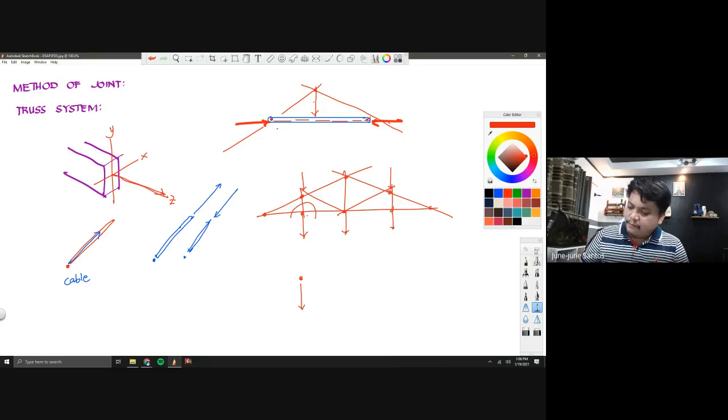Meron ako ditong load. Yung mga member na na-cut, sabi natin, di ba, pag nag-cut ka ng member, may ma-expose kang force. And if this is a truss system, palagi siyang parallel dun sa member. Dito ka lang magsasummation forces horizontal and dito ka lang din magsasummation forces vertical.